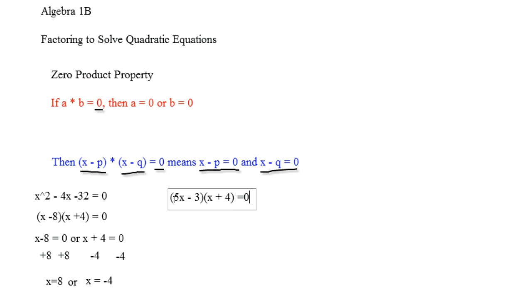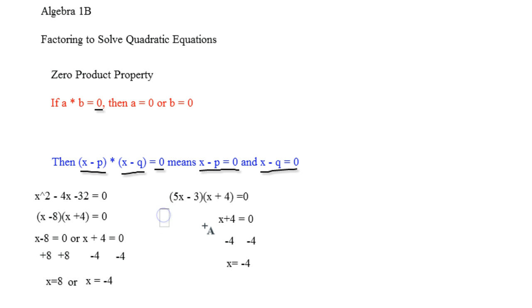Okay, let's say we got down to that factoring, and you're like going, well, I know how to set up this one, because each one could be 0, so I'm going to set up the first one, x plus 4 equals 0. And some of you are probably recognizing, oh, if I just do the opposite sign, that's the answer. And then some people will just skip this step and go straight to x equals negative 4. But then they go, oh my gosh, I don't know what the heck is opposite of 5x minus 3.